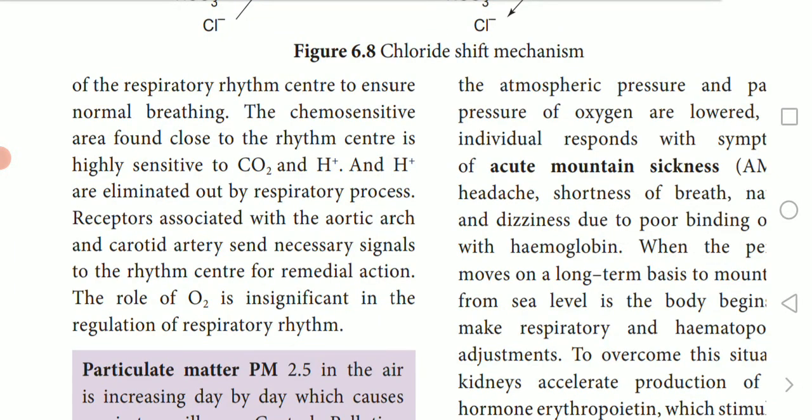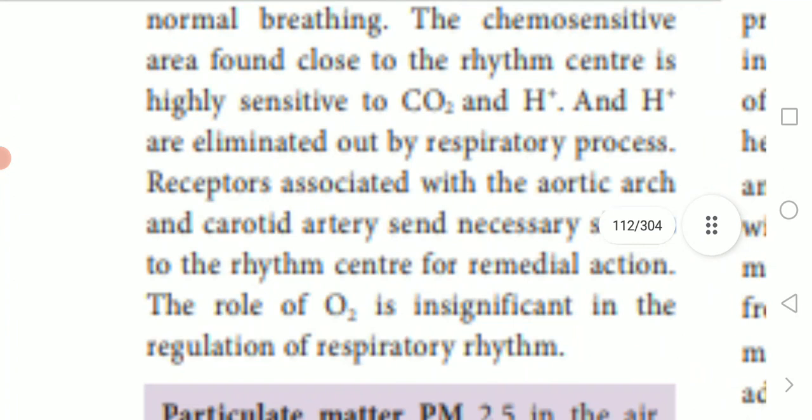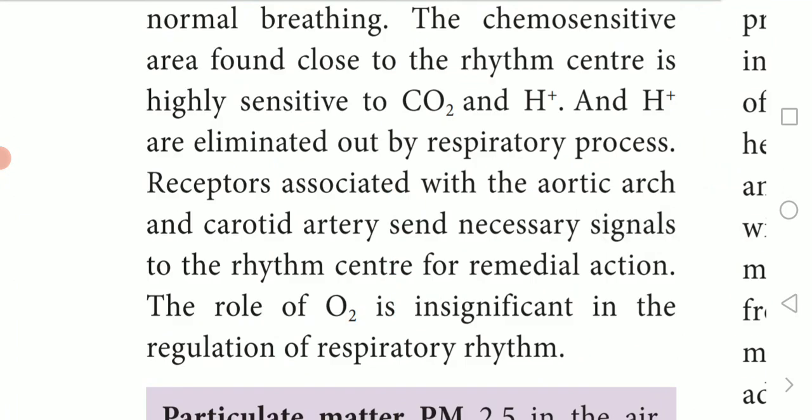It moderates the function of the respiratory rhythm center to ensure normal breathing. Then the chemosensitive area, underline chemosensitive, found close to the rhythm center, is highly sensitive to carbon dioxide and hydrogen ions. And hydrogen ions are eliminated by the respiratory process.